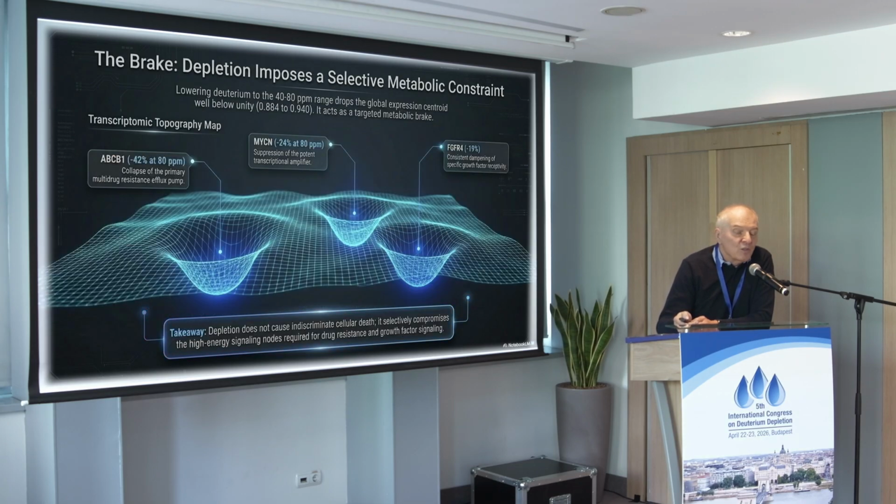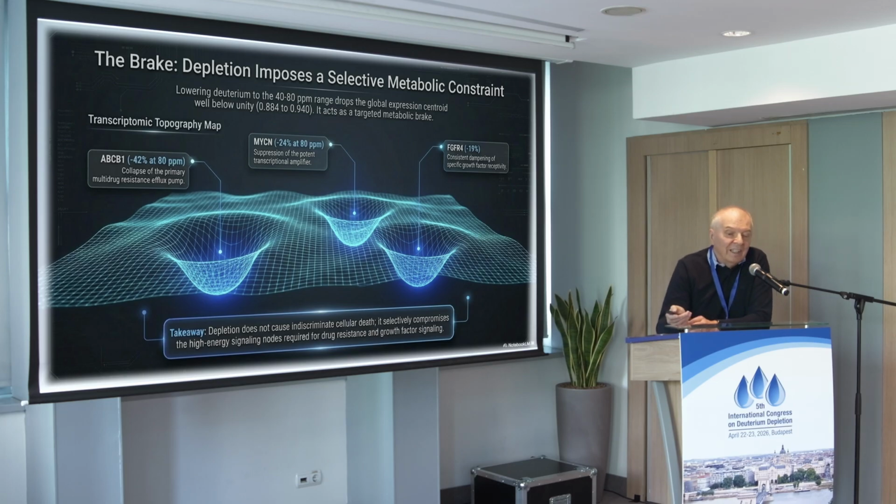Okay, and here I show several decreasing expressions. These are also very important. For example, ABC1 is the transcriptional amplifier, MYCN, and the growth factor receptor is FGFR4.